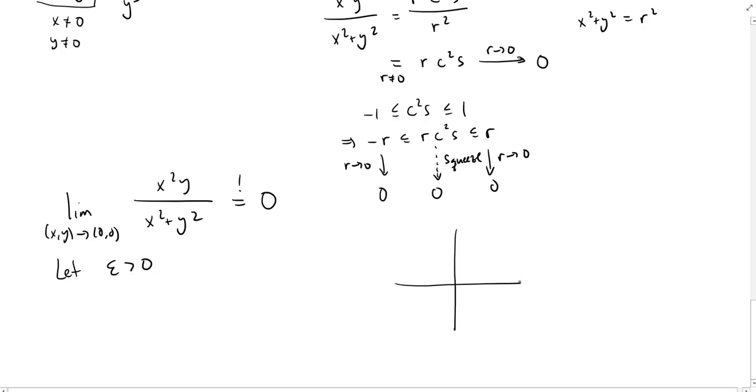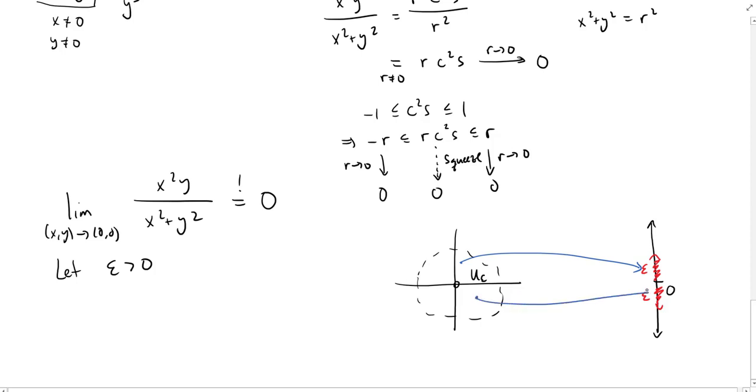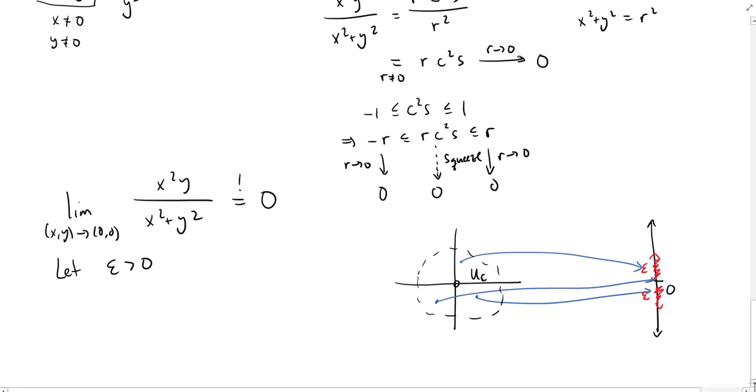And so what we're trying to do is to find some open set around (0,0), call it U epsilon, which, if you take anything in there, is going to map into the band of radius epsilon around 0. So we would need that every single point inside this U epsilon would get mapped into that band. So that's the goal, is to find this open set U epsilon.